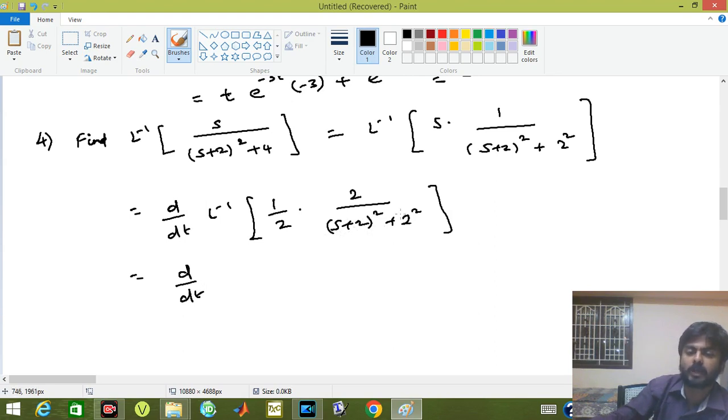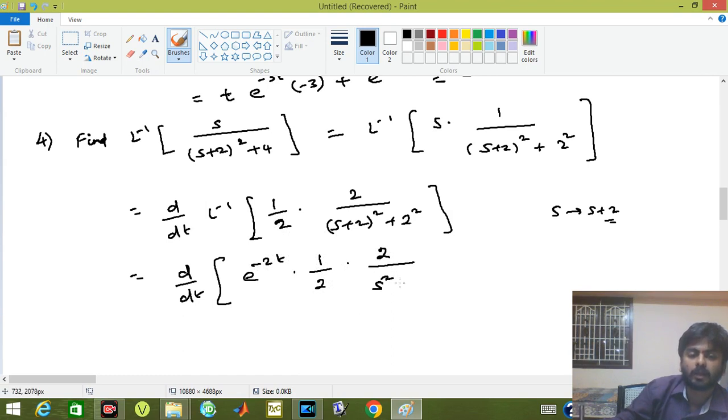So s is replaced by s plus 2, which means you have to multiply by e power of minus 2t. So d by dt of e power of minus 2t into 1 by 2 into L inverse of 2 divided by s square plus 2 square.